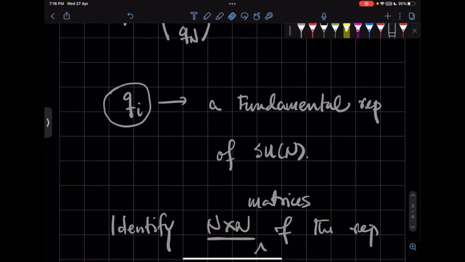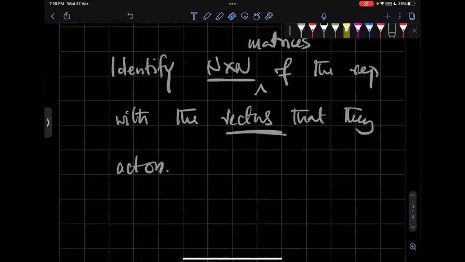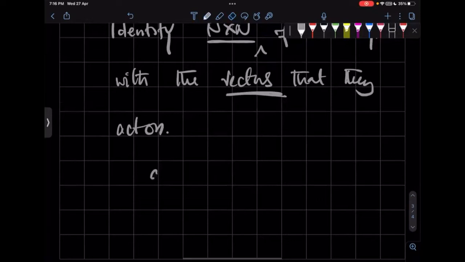Okay? So Qi is what we call an n of SUN. Okay, it's an n-dimensional representation of SUN.